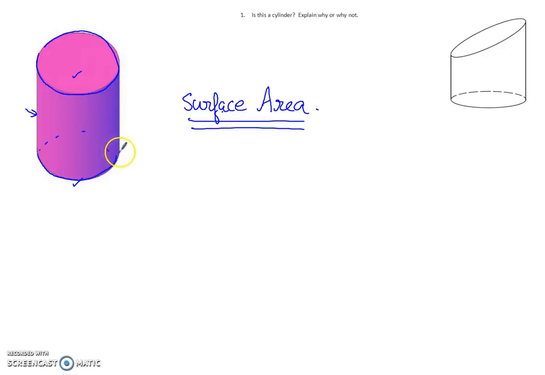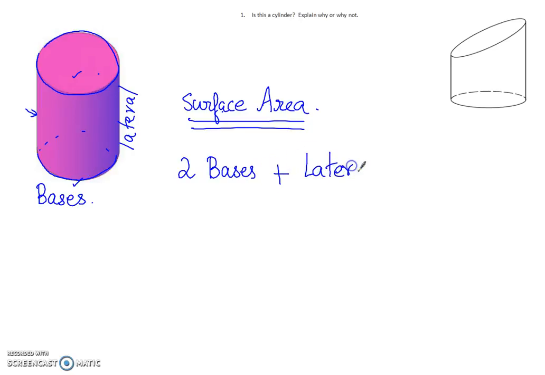The side surface is called the lateral surface. The bottoms are called bases. So the surface of a cylinder has two bases, the up and the down, and one lateral face.